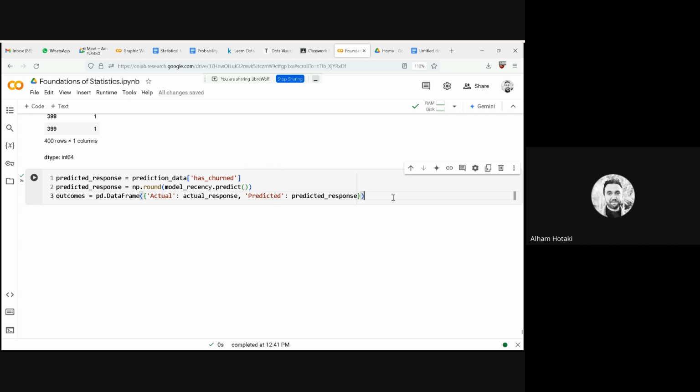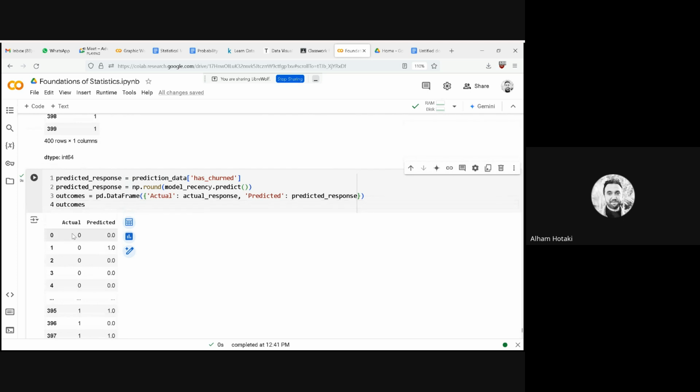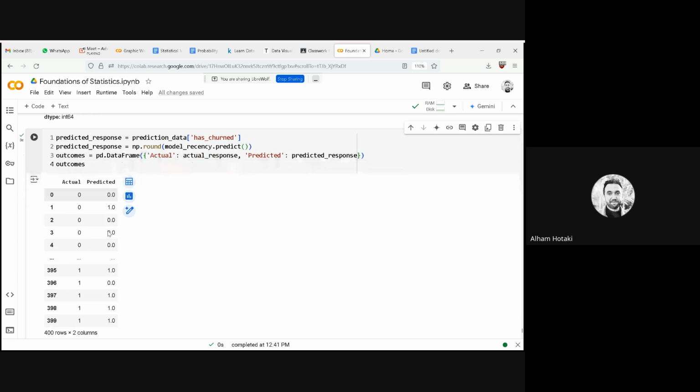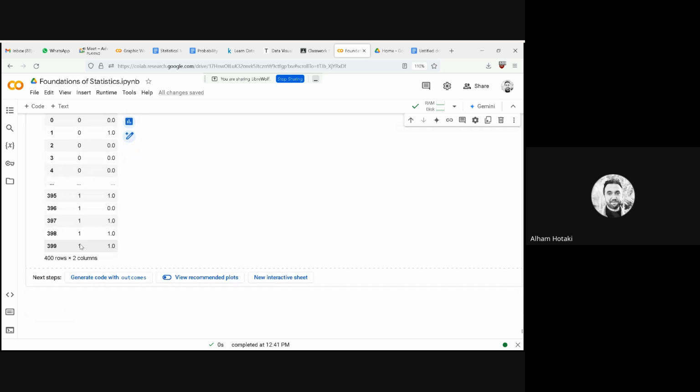Okay, so this is the data set actually. If you have a look at this data set, this is the actual churning rate, and this is the predicted one. See, look at this. This is 1, but the model predicted that it's 0. See, one of them that is distinct.